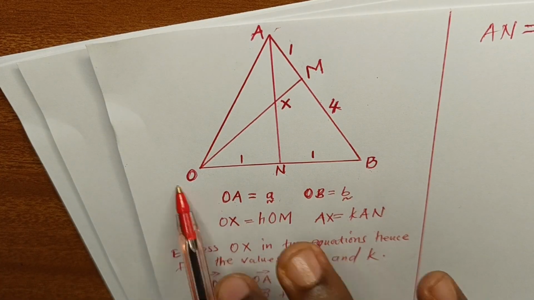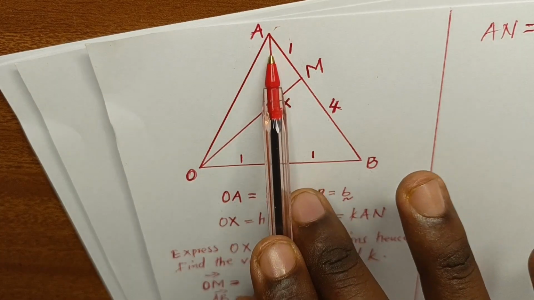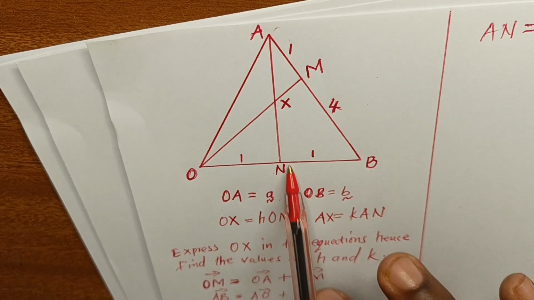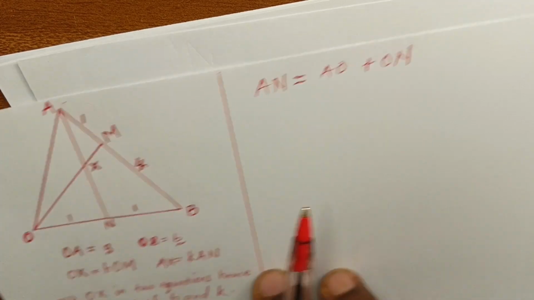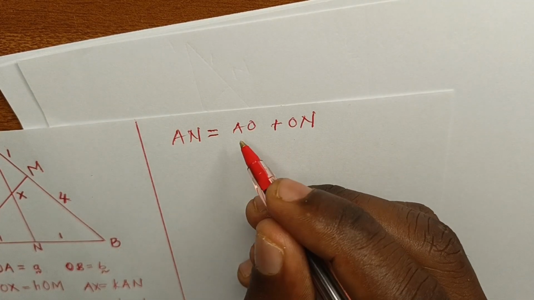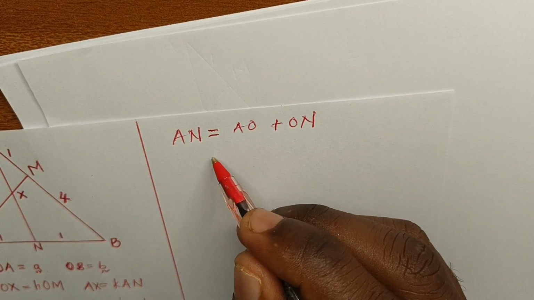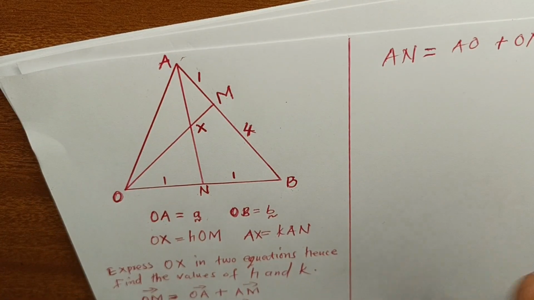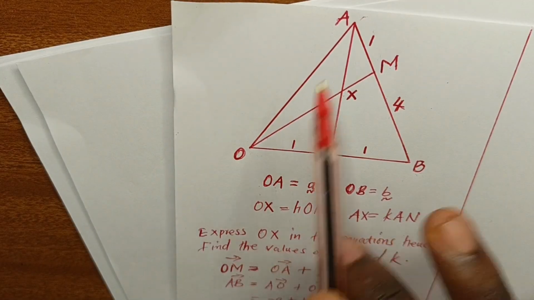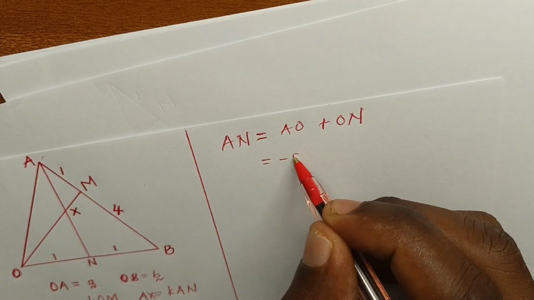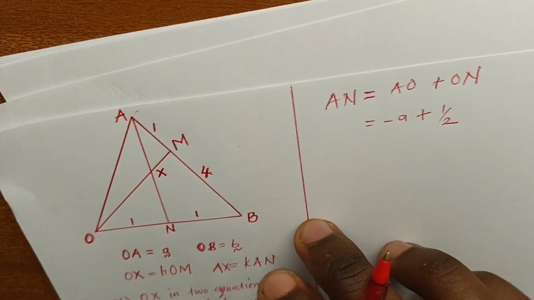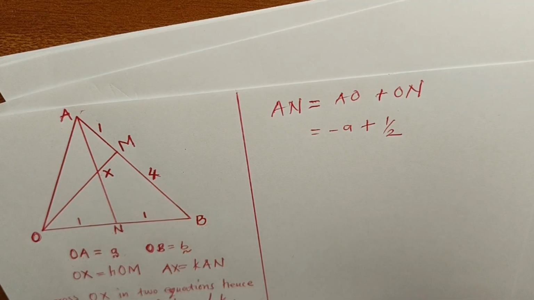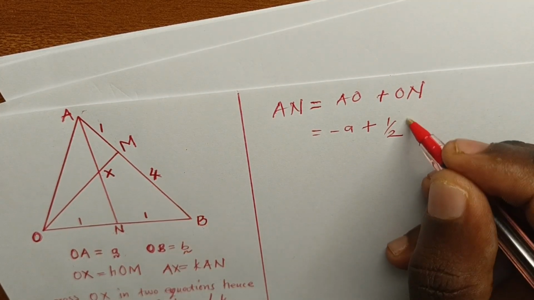ON is on the line of OB, whereby N divides OB at the midpoint. Now AN will be equal to AO, and you can see that OA is a, so AO will be negative a, plus, being the midpoint of OB, a half OB, and OB is b.